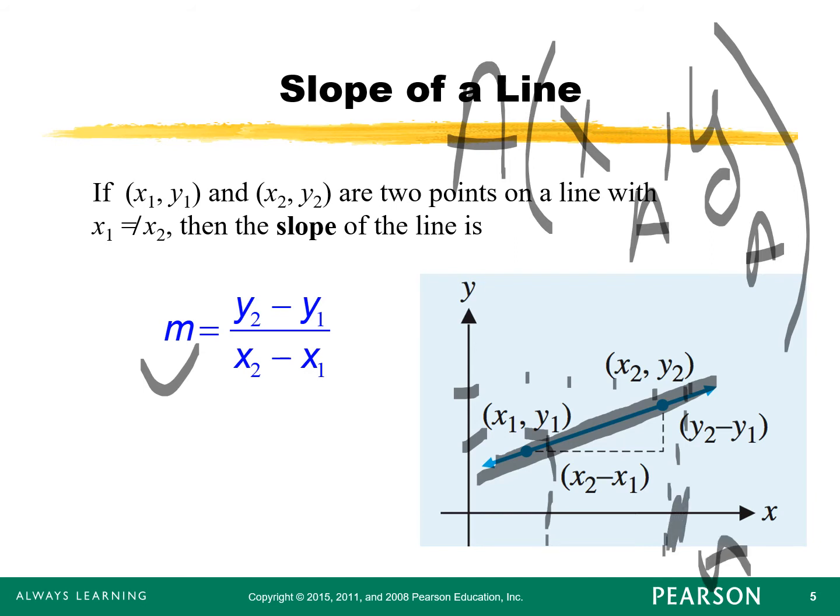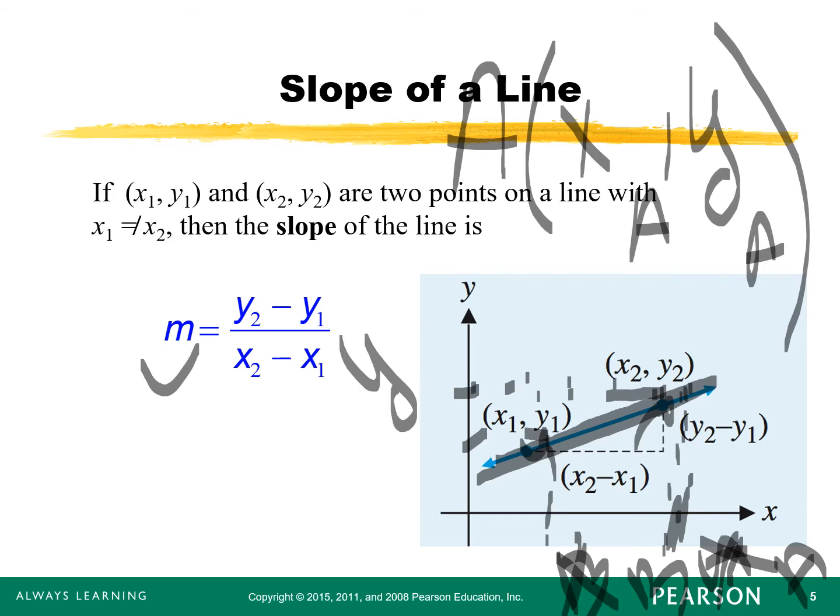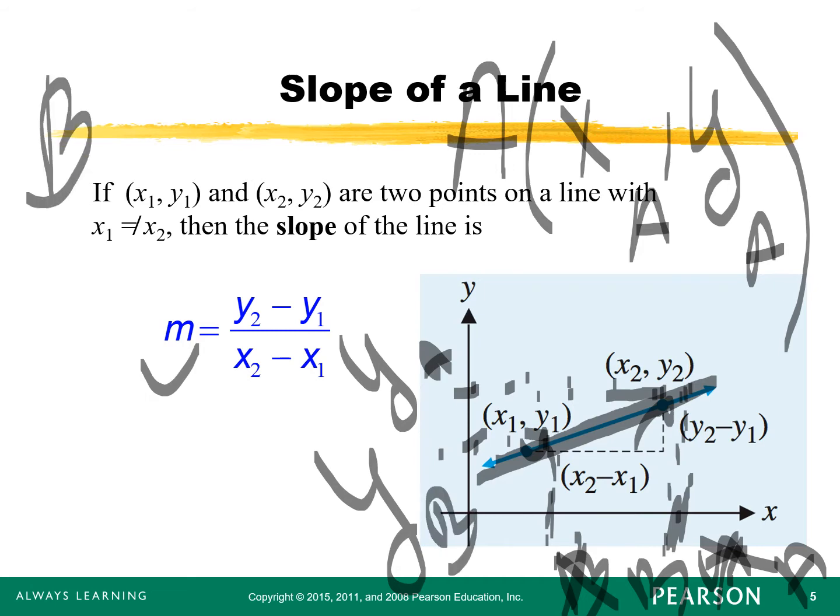Let's say that this is A and this is point B. This is the XA and this is the XB. And this is the YA, and this is the YB. And the second point is B, XB and YB.